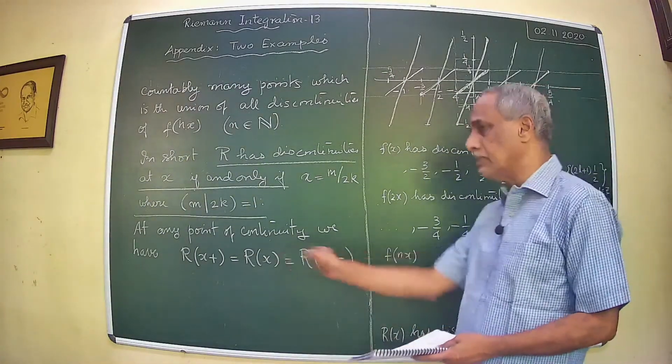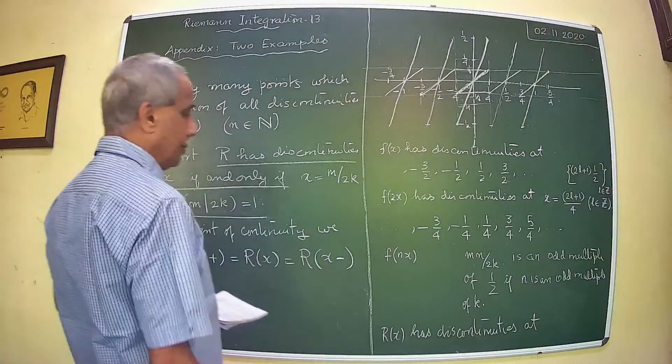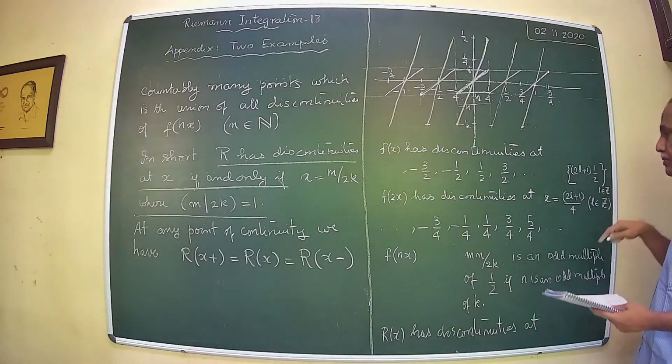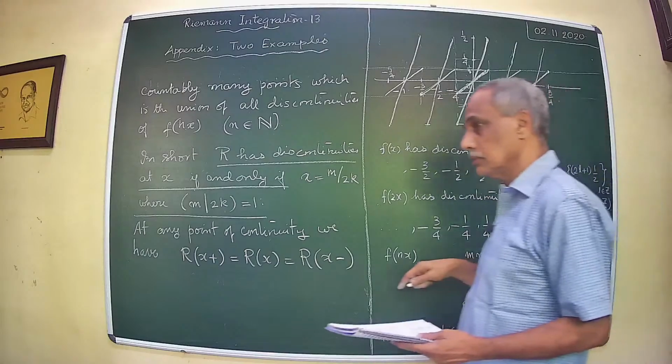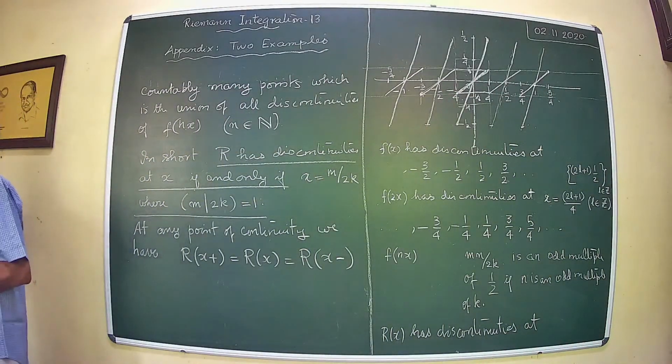If one of them fails to hold, then it becomes discontinuous. But we know that at all the points of discontinuity, it is discontinuous from the right as well as from the left.